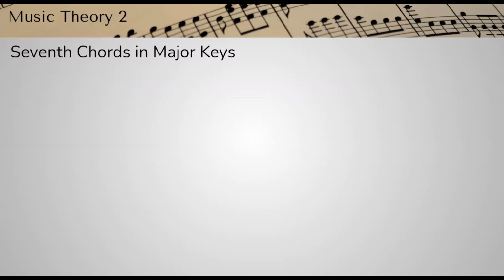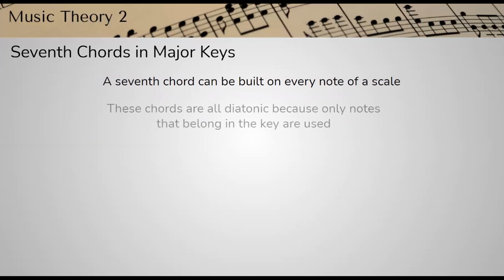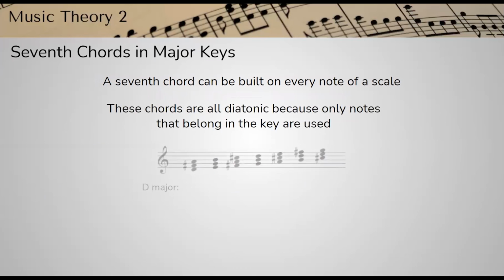Okay, and then the last couple things we'll talk about are the 7th chords in major keys and 7th chords in minor keys. Okay, so let's go back to all the D major triads we had before. If you added a 7th to the first one, you'd get a major 7th chord by adding that C sharp.